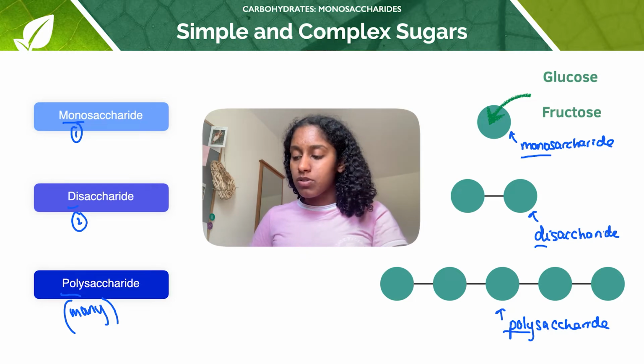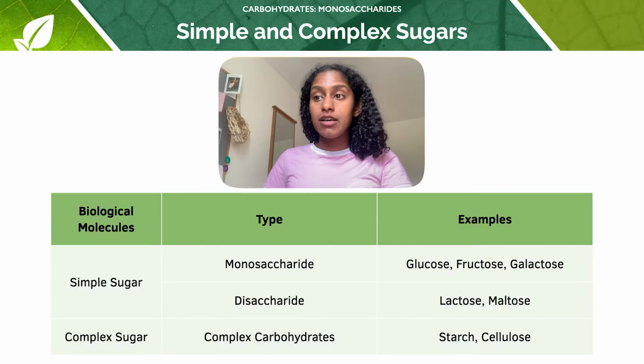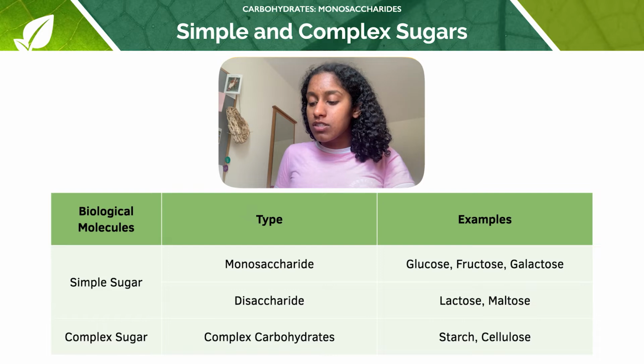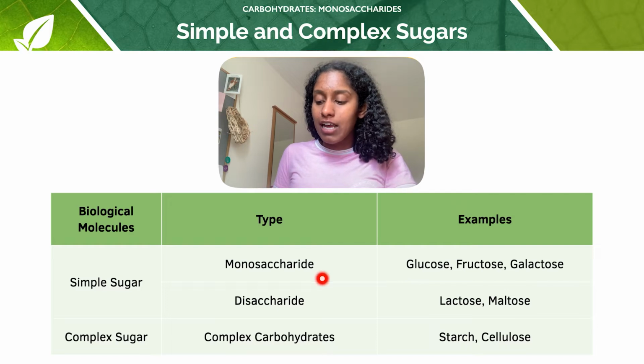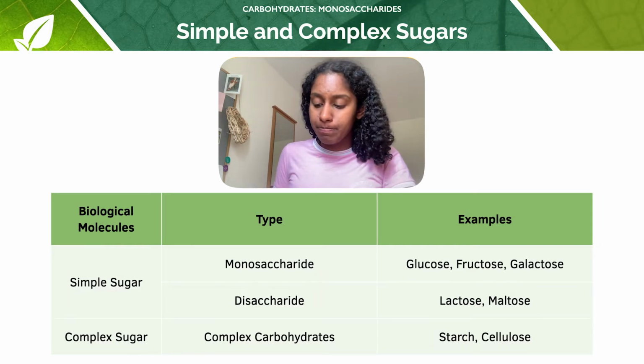Examples of monosaccharides include glucose and fructose, and also, if I go on to the next slide, galactose. So these are examples of our monomers. Examples of our disaccharides are lactose and maltose. So together, monosaccharides and disaccharides are referred to as our simple sugars.